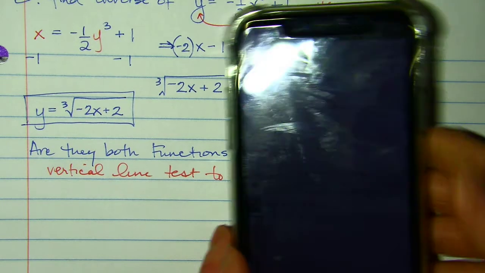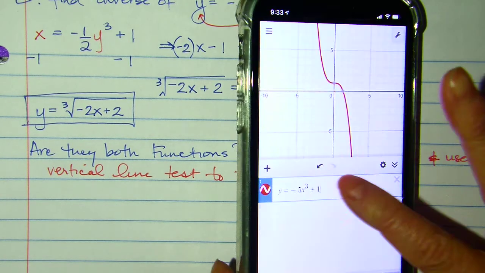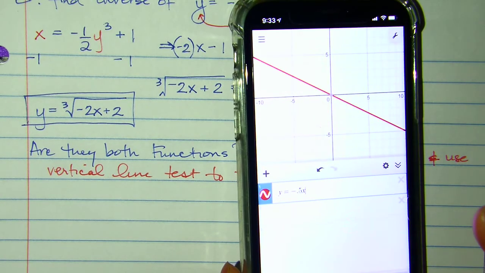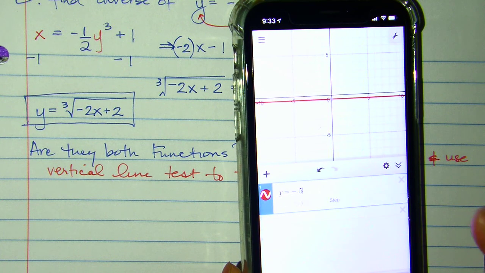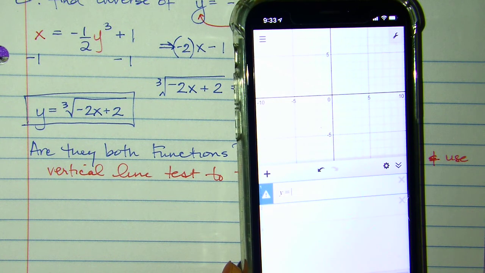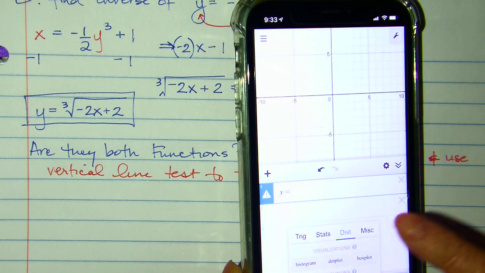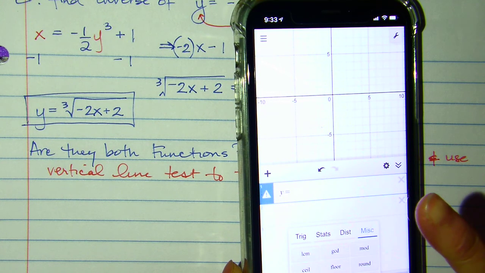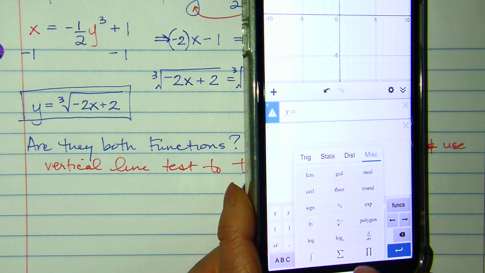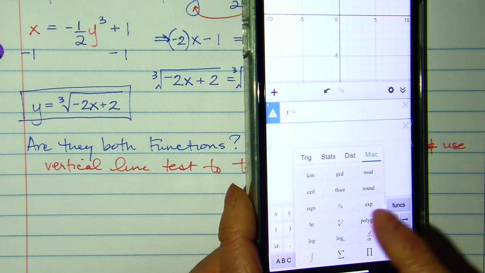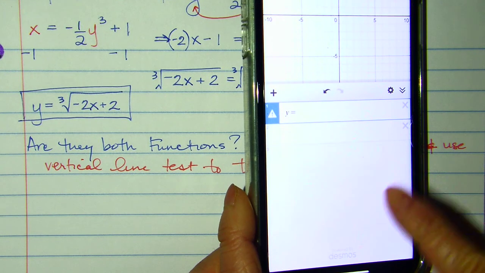So I'm going to enter that as well. I'm going to go ahead and delete what I had. All right, inverse, I need to find a root symbol. So I'm going to go to functions. I got to find the cube root. It says it has the n cube root. So I believe I'm going to have to enter 3 first.